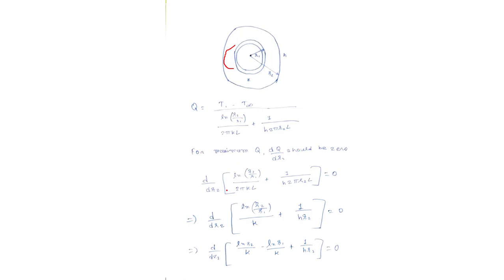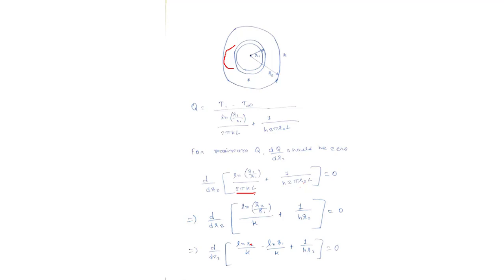Our variable is R2 and the other terms are constant. So we take the derivative of the denominator with d upon dR2. We take 2 pi L common from both terms. Now we can write ln R2 upon R1 as ln R2 minus ln R1.